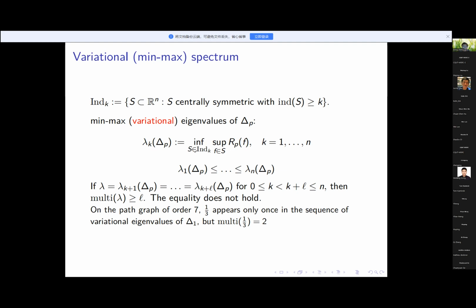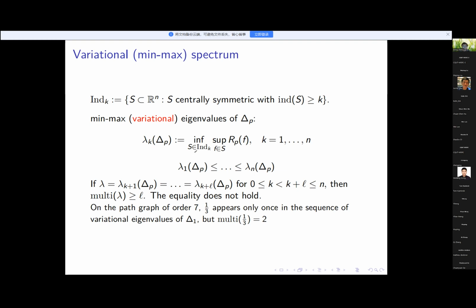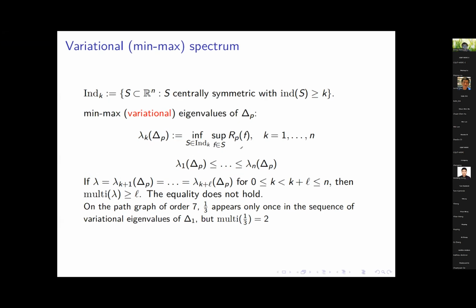By Lusternik-Schnirelmann theory, they provide critical values for the p-Rayleigh quotient, and therefore they provide n eigenvalues of the p-Laplacian. And if lambda is a variational eigenvalue which appears L times in the sequence of minimax eigenvalues, then its multiplicity is at least L. However, the equality doesn't hold.